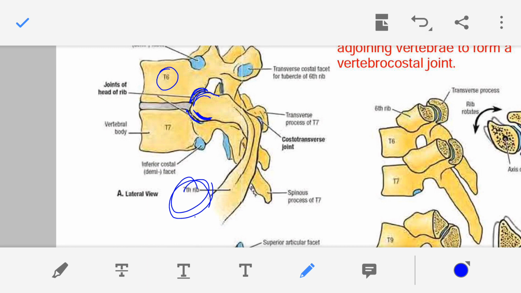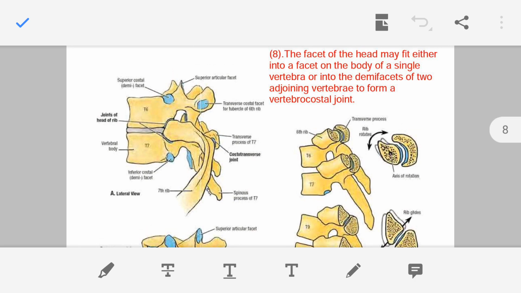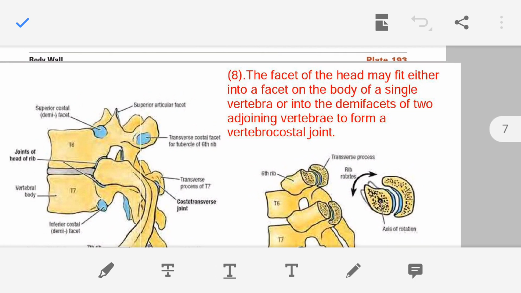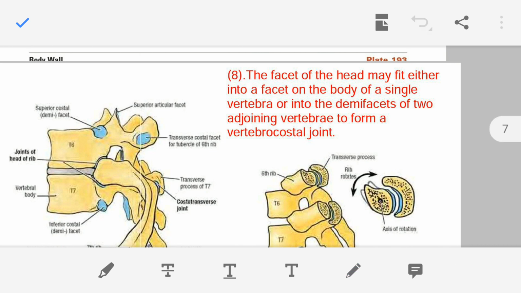Right now I am showing you the superior demifacet of T7. So now you try to understand what is fitting into what. Okay, I have tried my best to explain this thing. You go through this point and try to understand these articulations.